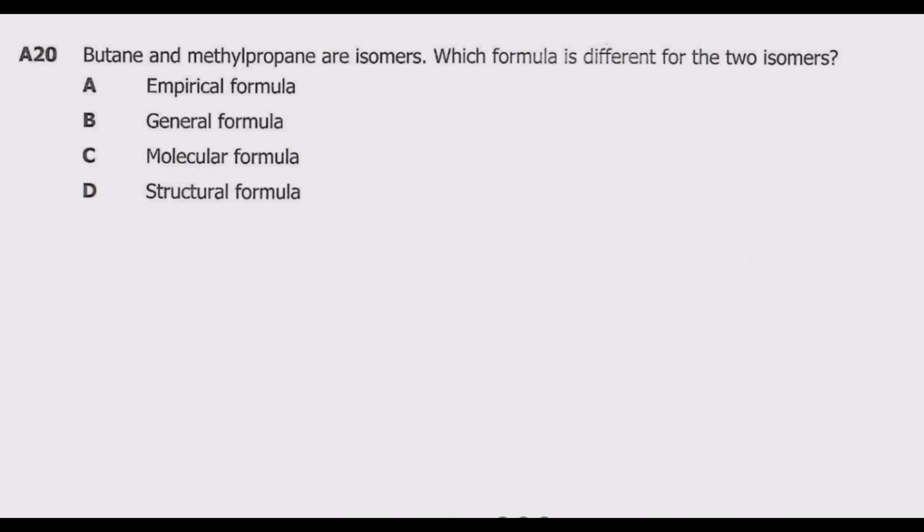Let us look at the last question of section A, which is question A20. Butane and methylpropane are isomers. Which formula is different for the two isomers? The first thing that we need to do is to understand what isomers are. When we're talking about isomers, we're talking about different compounds which have the same molecular formula but different structural formulas.